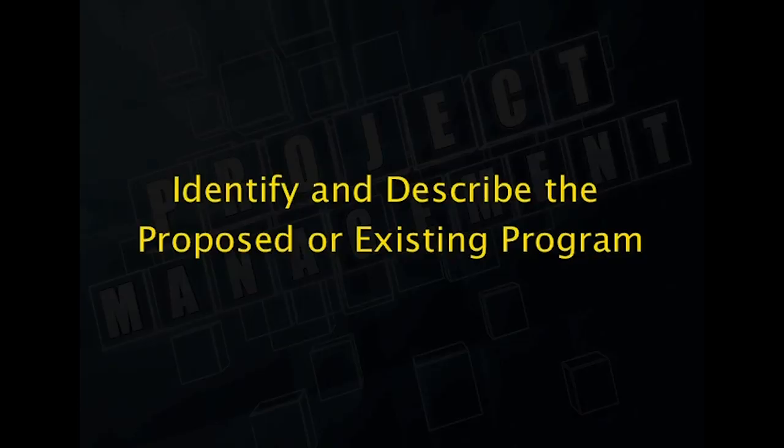In the first step, we identify and describe the proposed or existing program. That is, we identify and describe the goals and objectives, boundaries, stakeholders, staff required, and users or customers of the program or project which you want to monitor and evaluate.